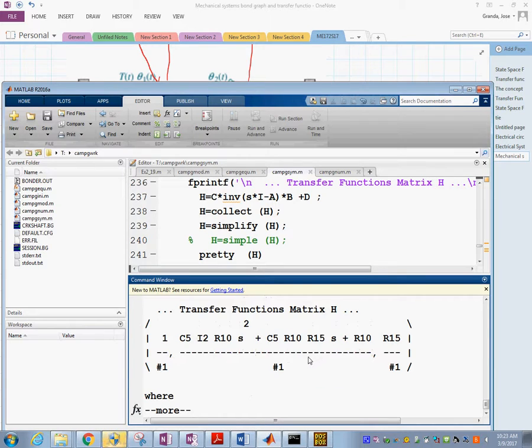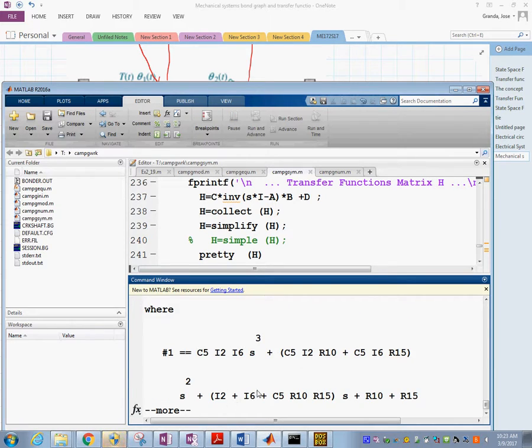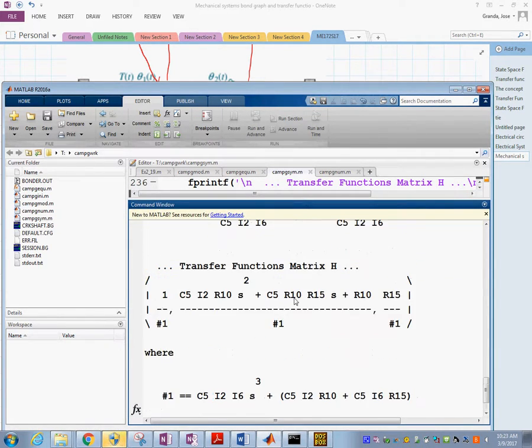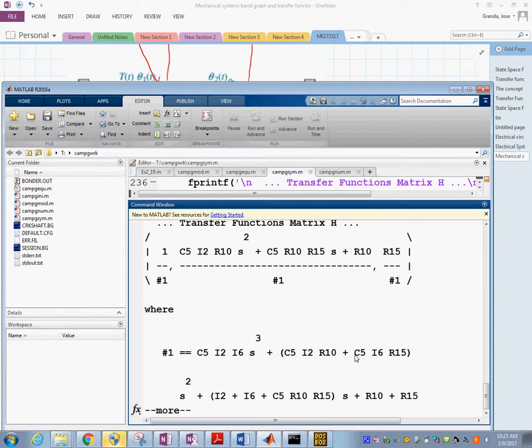Okay, so this is the transfer function here. This is 1 transfer function, 2, and 3. This would be with respect to the first, second, and third input. So these are the transfer functions that we're looking for.